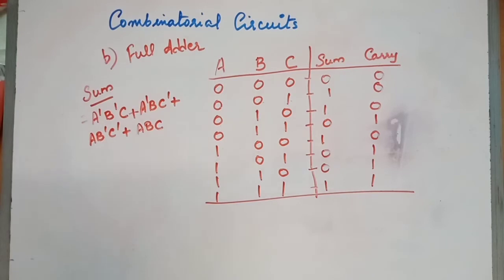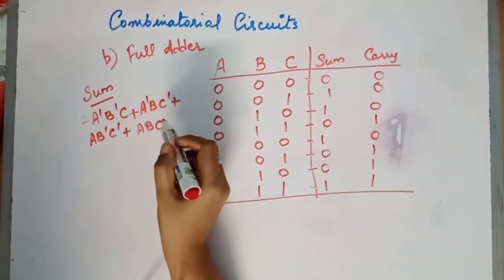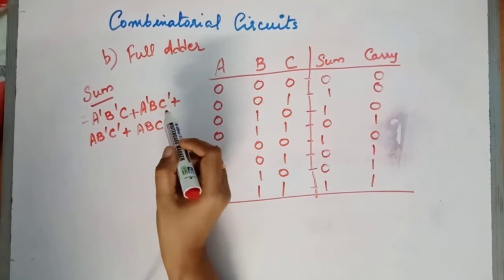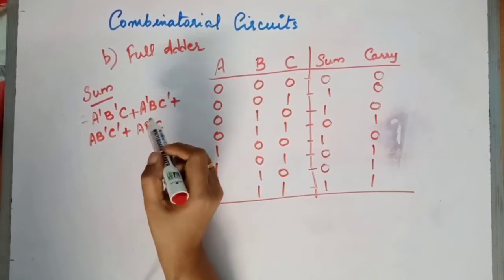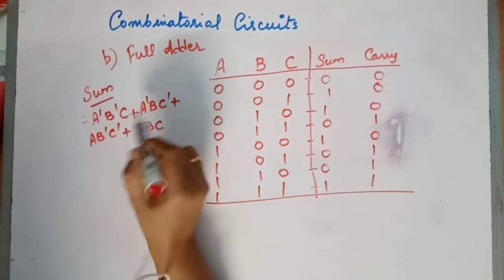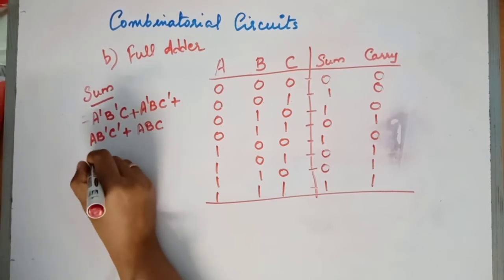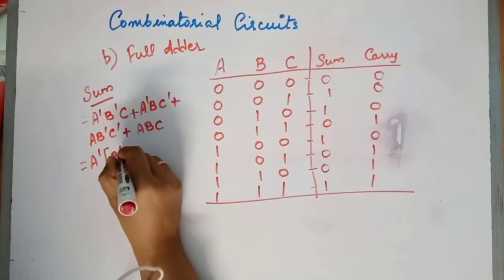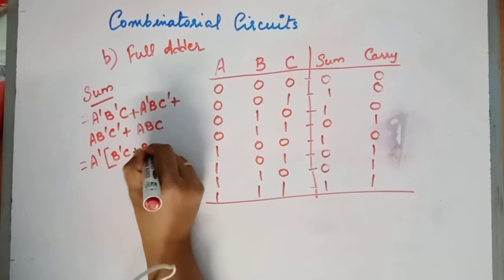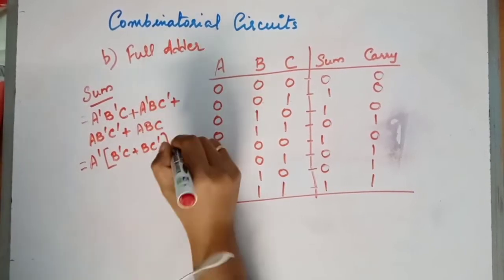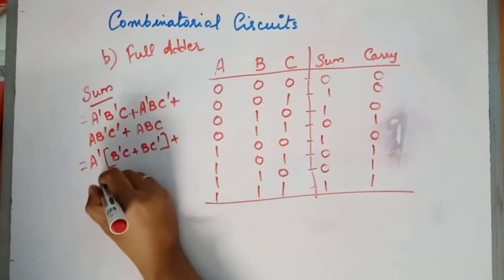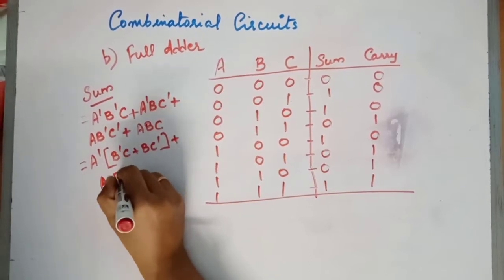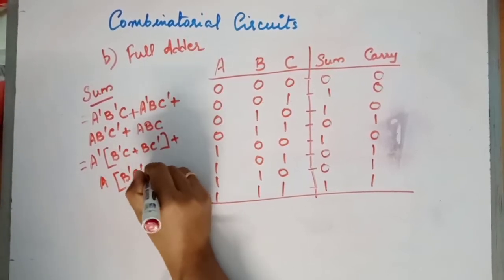Yes. So here you can take the first two. You can take A bar outside, and you can write B bar C plus B C bar, plus A B bar C bar plus BC.